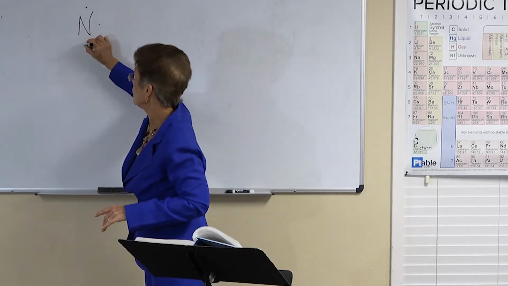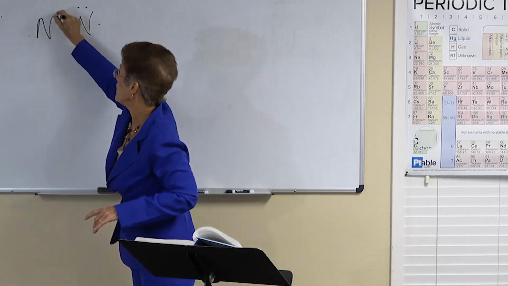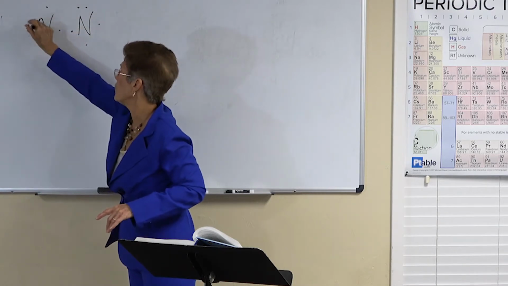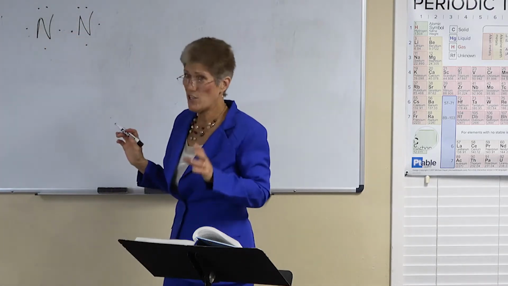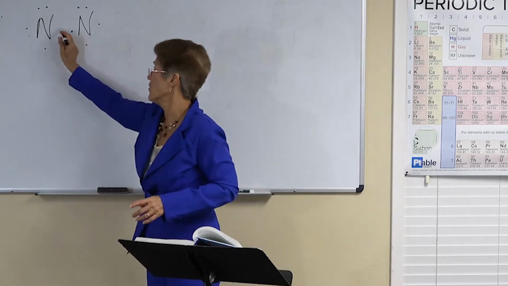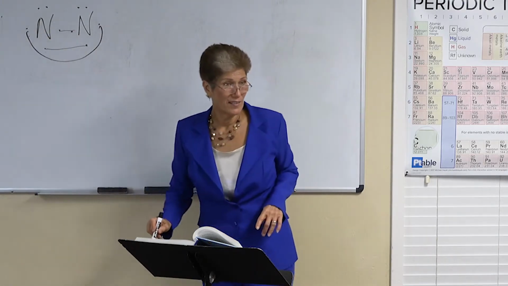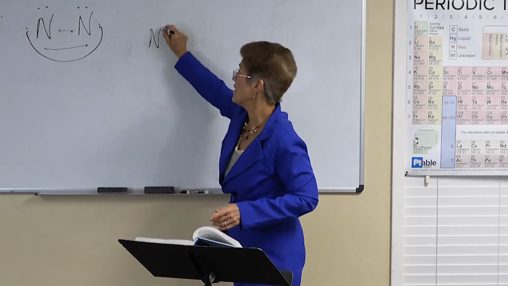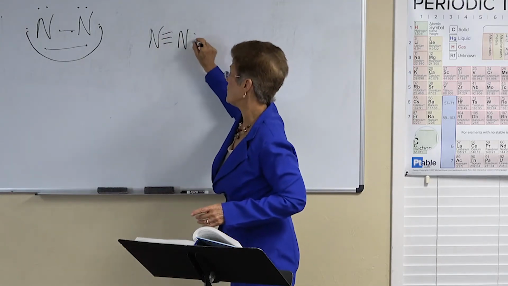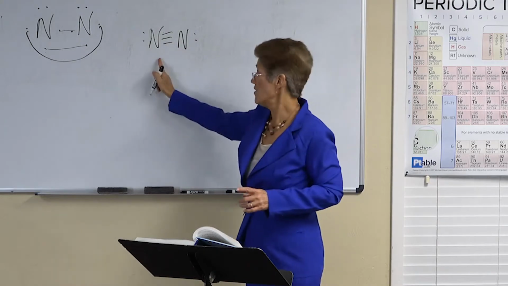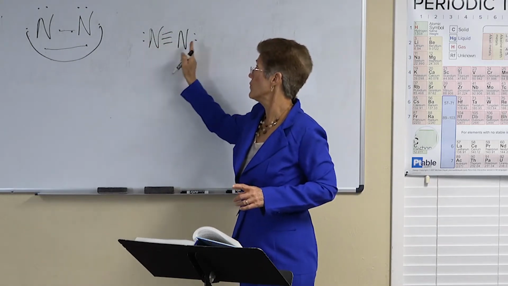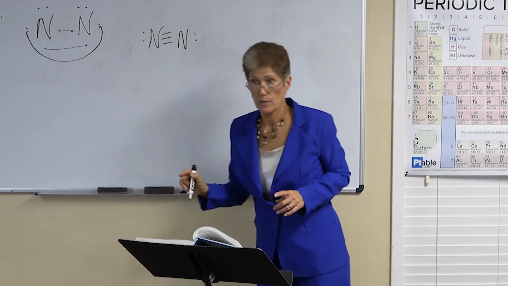So we go 1, 2, 3, 4, 5, and this one is 1, 2, 3, 4, 5. Once again, you can just connect the dots, can't you? So this one is still fairly simple. This guy has 4, 1, 2, 3, 4. This one, 1, 2, 3, 4.